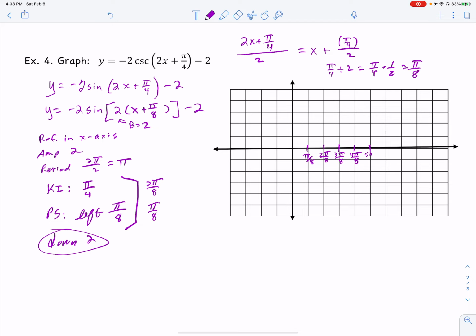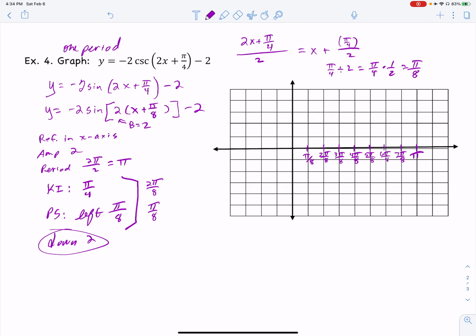I have 5 pi eighths, 6 pi eighths, 7 pi eighths, and 8 pi eighths, which is pi, which is my period. So that's where I'm going to get, and again, we're just going to go for one period on this when they get more complex.